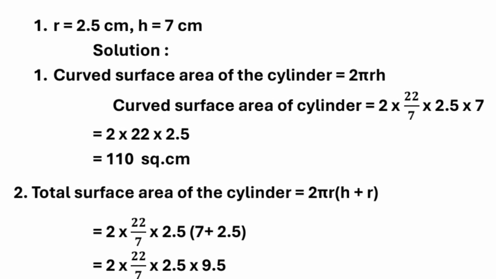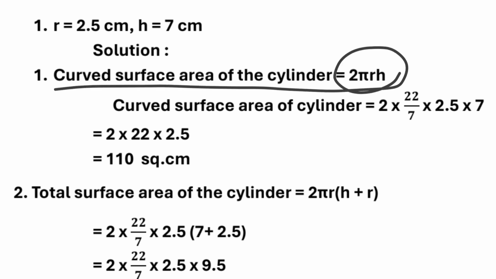Now look here carefully. Curved surface area of the cylinder is equal to 2 pi rh. Then we put the values. Curved surface area of the cylinder is equal to 2 into 22 upon 7 into the value of radius 2.5 into height 7.